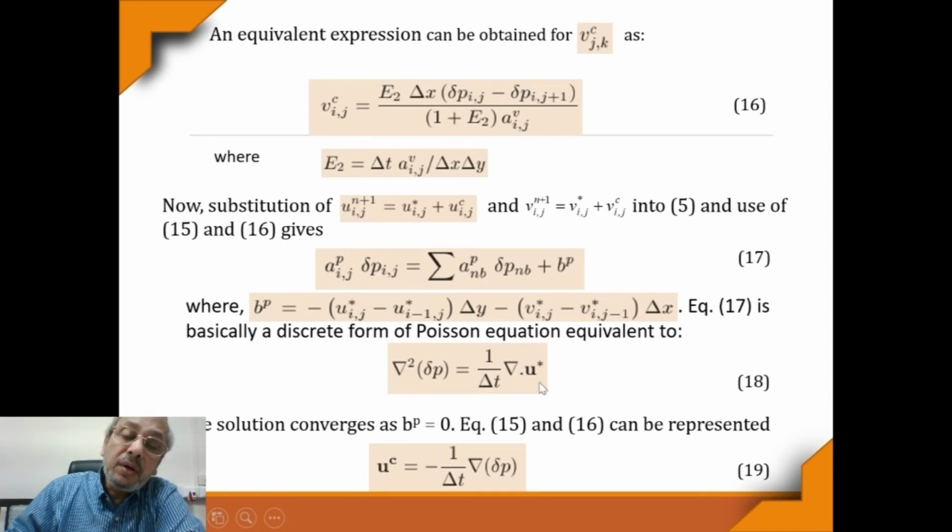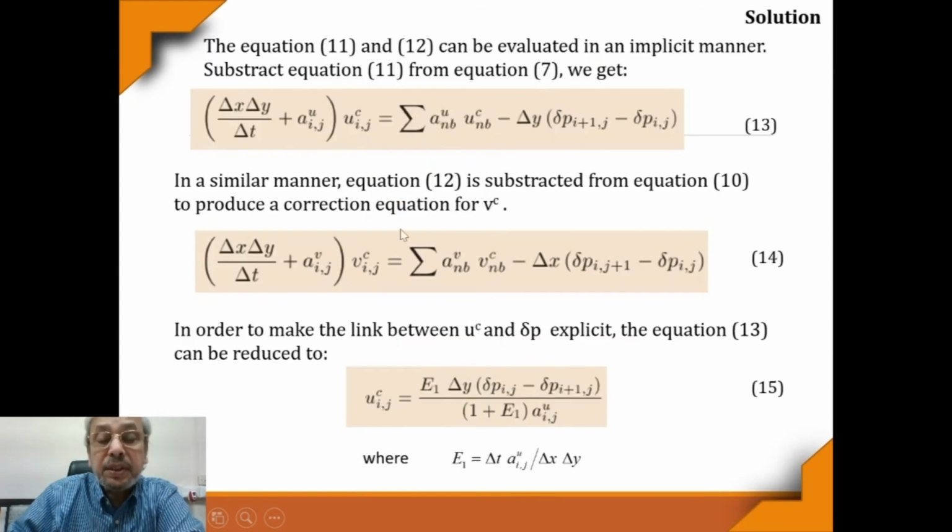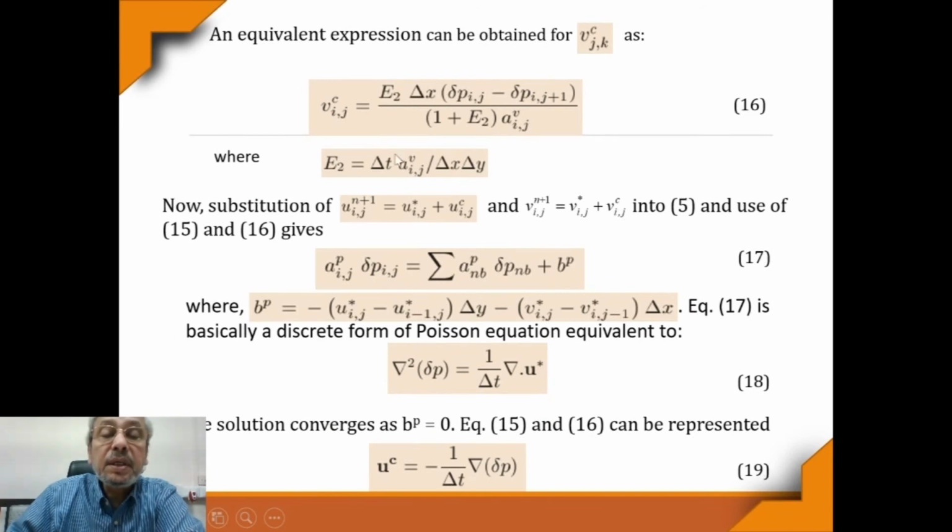Now this will keep on changing. How? Because we will find out by solving this delta p. This delta p will feed here. We'll find out velocity correction, the u velocity correction and the v velocity correction. We'll change this u i,j n plus 1 and v i,j n plus 1 through velocity correction.